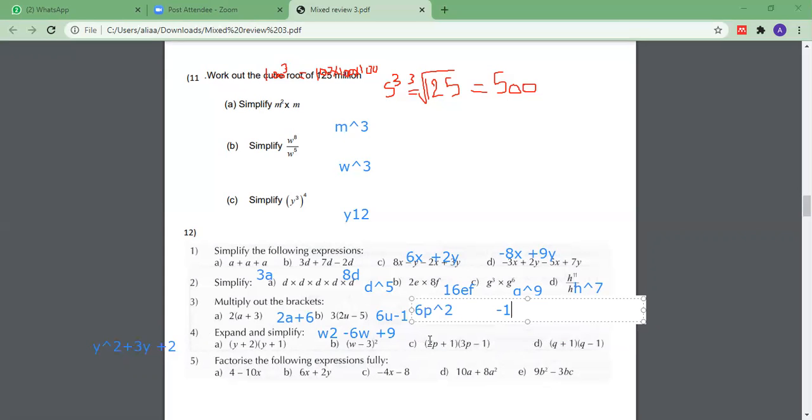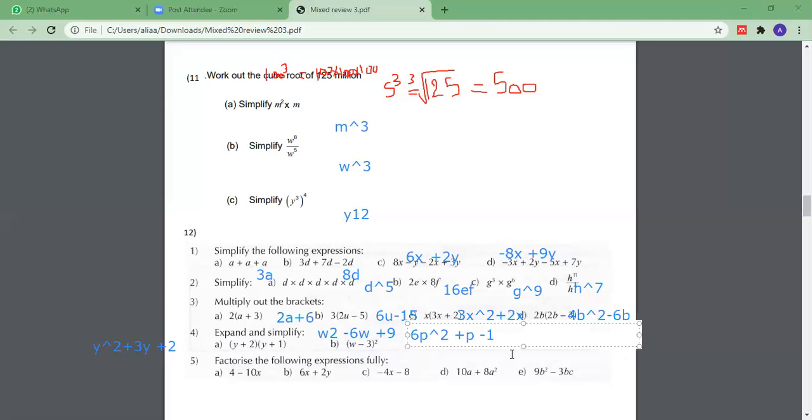And then I multiply: negative 2p plus 3p will be plus p. So the final answer is 6p power 2 plus p minus 1. It's not a problem if you wrote plus 1p. They have the same meaning.